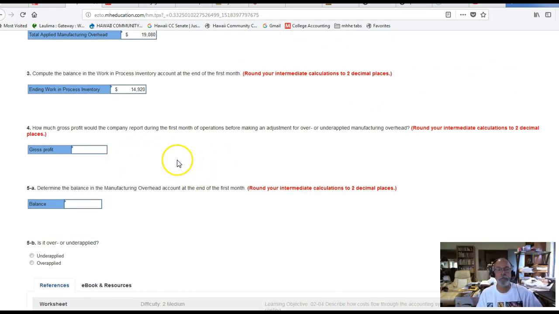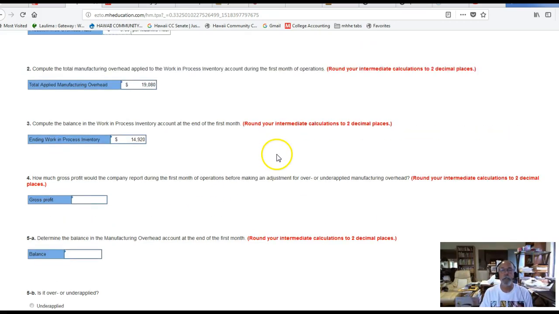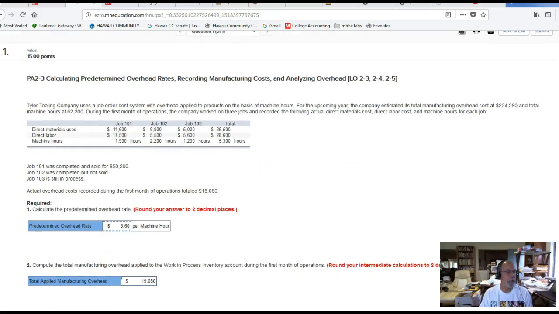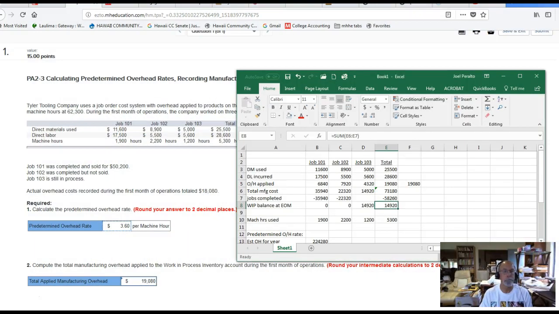How much gross profit would the company report during the first month of operations before making an adjustment for over or under applied manufacturing overhead? Okay, so if we're going to look at gross profit on jobs, or in this case 1 job sold, then we need to take a look at... Let's see.